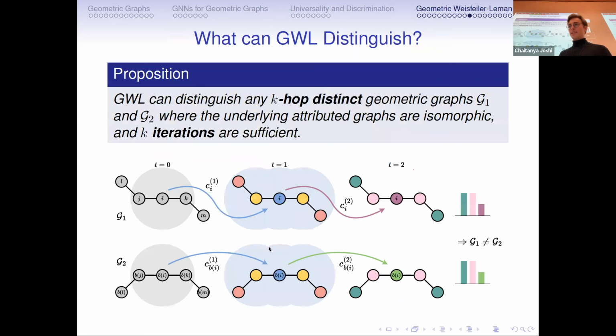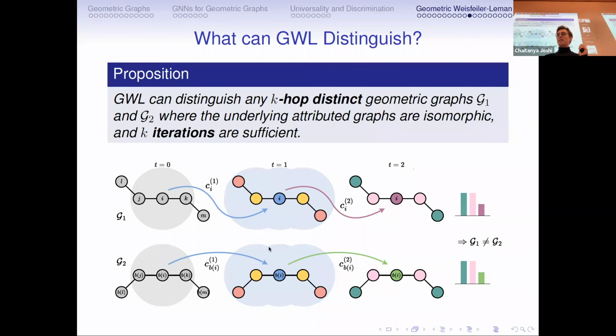And if we have these definitions, then you will be able to convince yourself fairly simply that GWL can distinguish any k-hop distinct geometric graphs after exactly k iterations. And we've gone through this example, so I'll not go through it again.